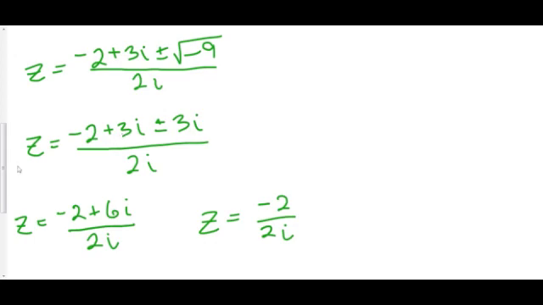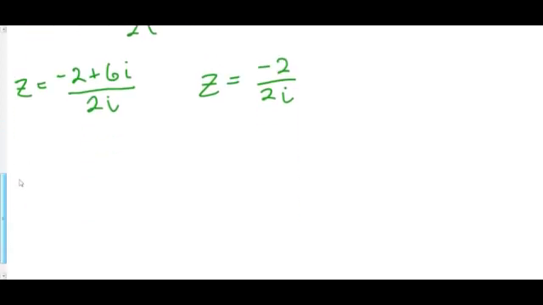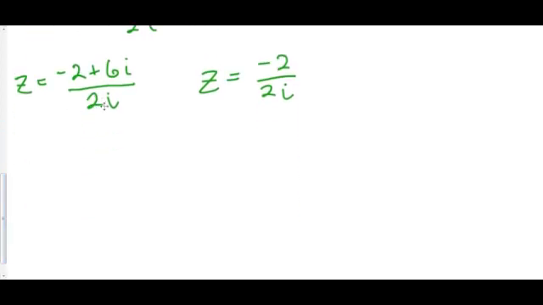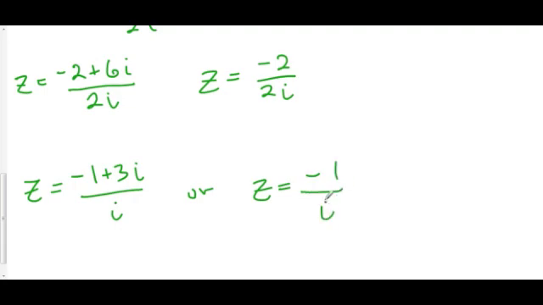At this point, let's reduce. We can reduce this 2 right here because both negative 2 and 6 are divisible by 2. So here we have z is equal to negative 1 plus 3i all over i, or z is equal to the negative 2 and the 2, they can cancel out. Here we have negative 1 over i.